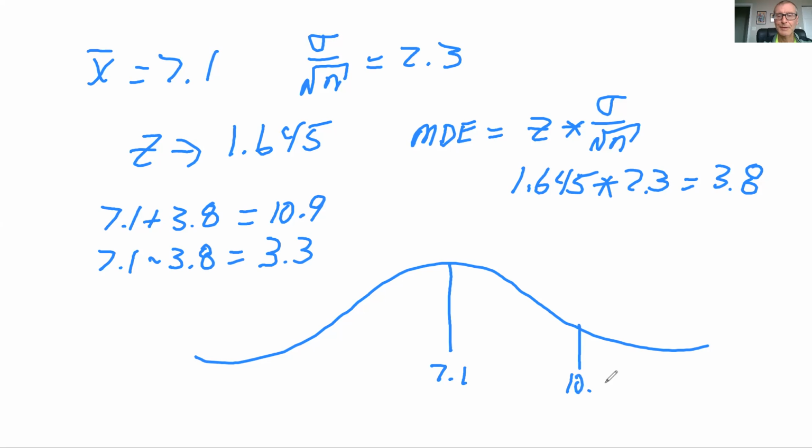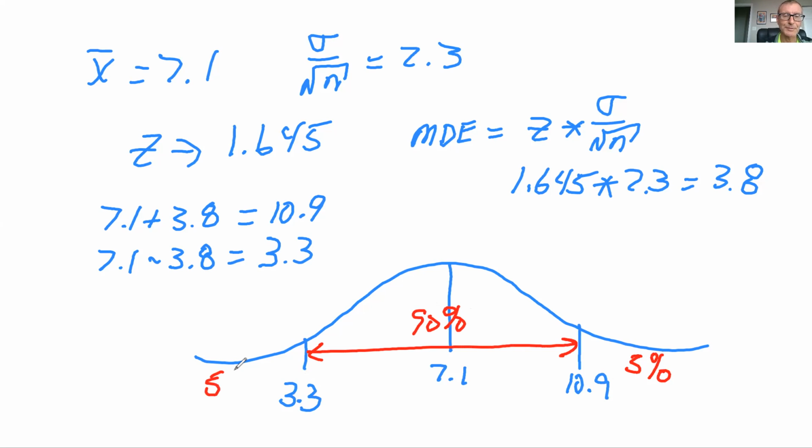This would be 10.9, and this would be 3.3. And so what do we have here? We have 90% here. And then what is on both sides? Because of the symmetry, both of these tails would be 5%.